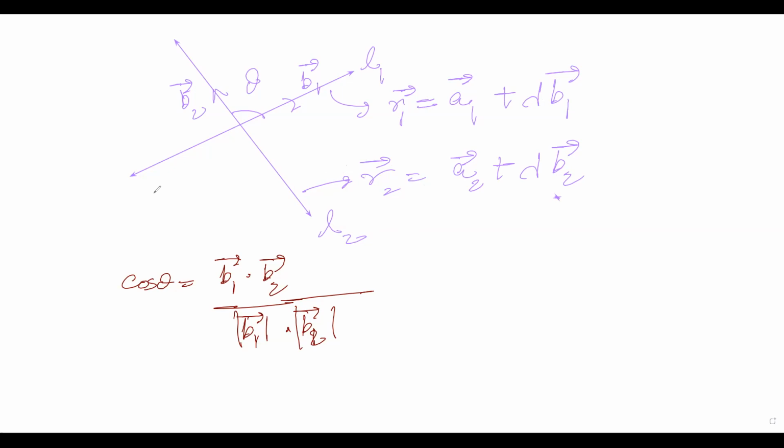And if the angle between them is 0, that is, they are parallel, in that case, cos 0 would be 1, which is only possible if the two DRs are proportional. We can also see that.